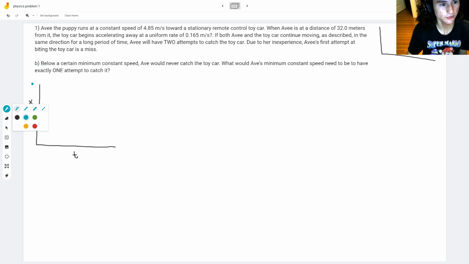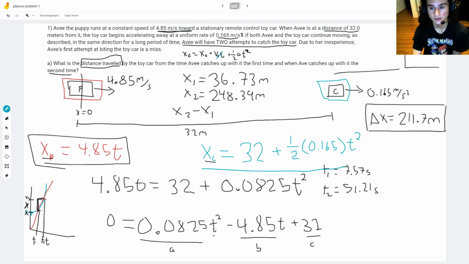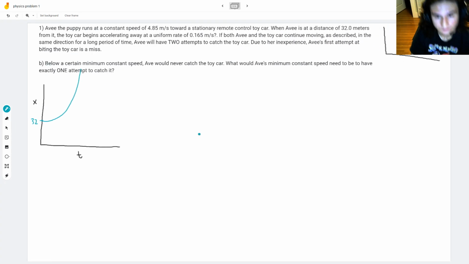Again, I'm going to use blue for the car, because the car stays the same, and I'm going to use red for the dog. So this is going to be at 32 meters where it starts moving, and I'm going to make a little bit better of a curve here. Yeah, that's good. Okay, so now we have a parabola representing the equation of the car.